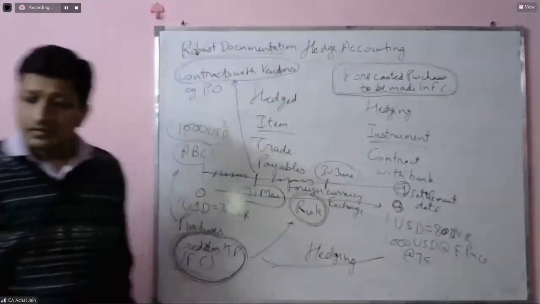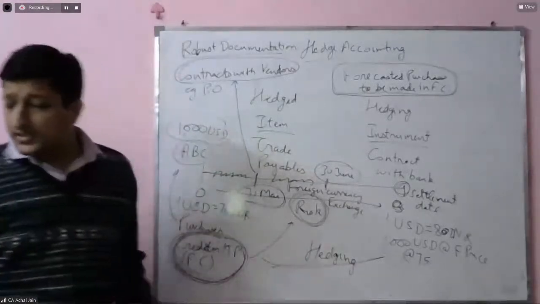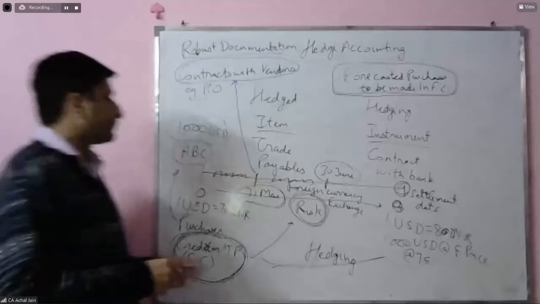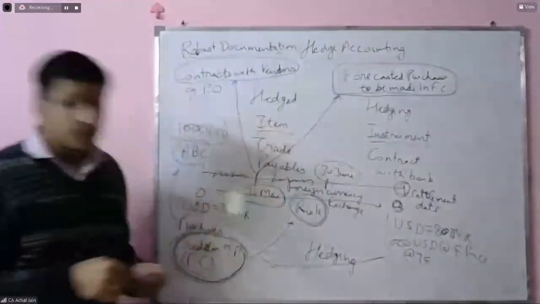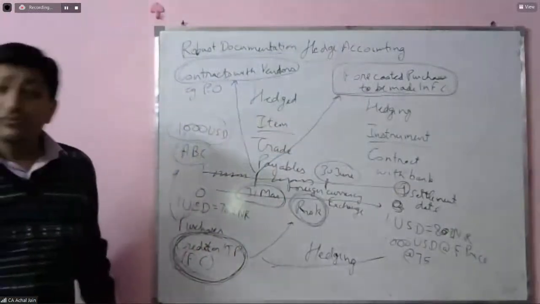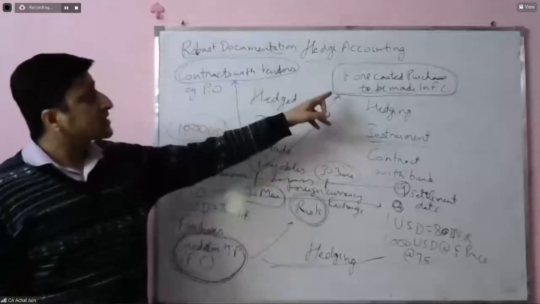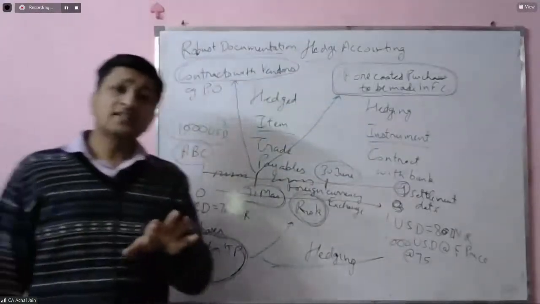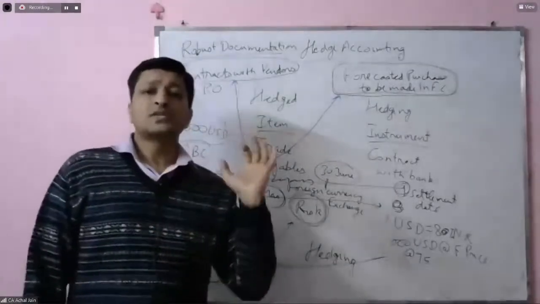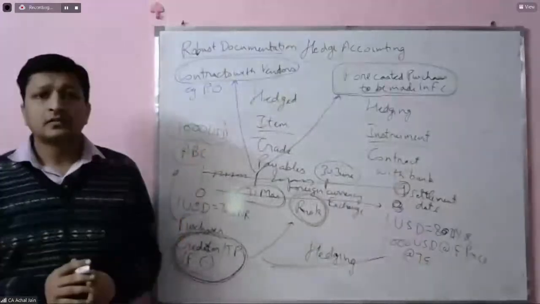Once again, if the entity has forecasted certain purchases, as on 31st March, which will be made in foreign currency. Entity has forecasted purchases, means entity doesn't have any purchase order, but entity is saying, no, these are my purchases which I'll make in foreign currency.